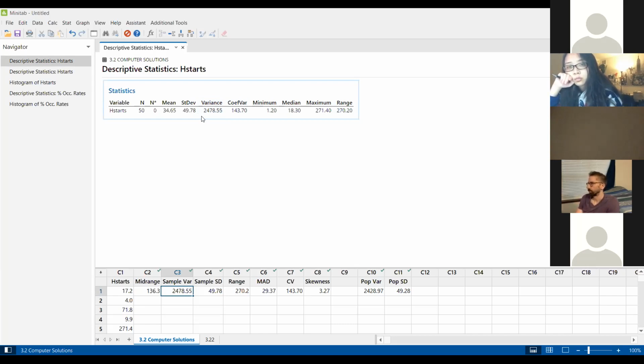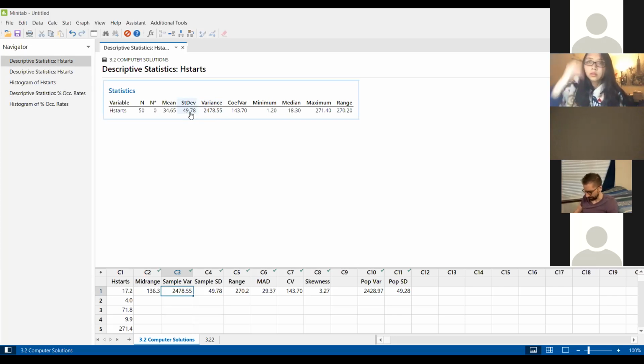Now, the standard deviation is the square root of the variance. This is the sample standard deviation. Because the standard deviation is the square root of the variance, the denominator of the standard deviation formula is the square root of n minus 1.